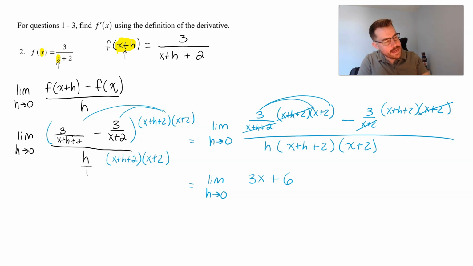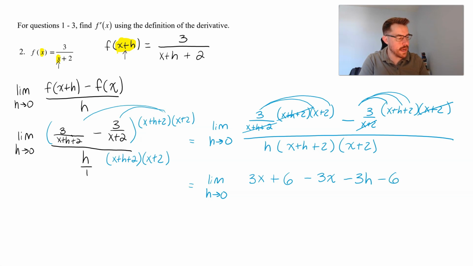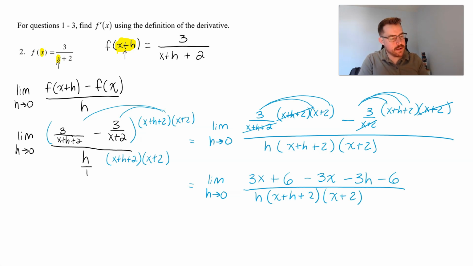So now we have a negative 3 out here in front, and we can distribute that to all these terms here. So this becomes negative 3x, negative 3h, and a negative 3 times a positive 2 is a negative 6. And we're going to put that all over the bottom here, which is h times x plus h plus 2 times x plus 2.